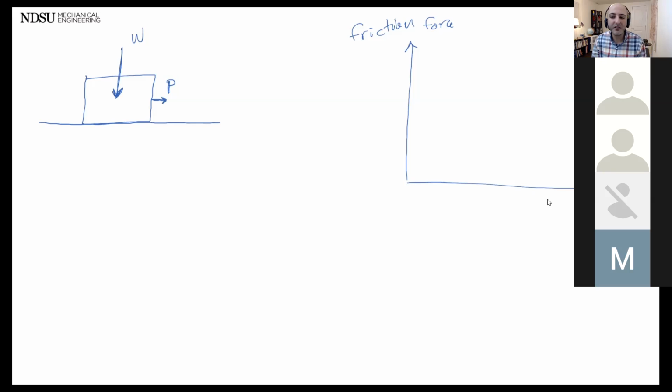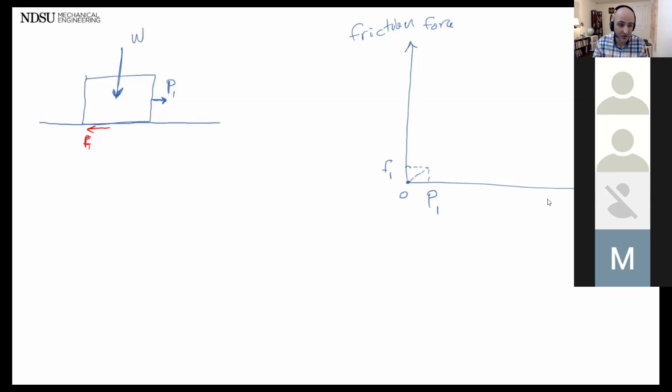But I told you a very small force. So this is my force P1. If I apply a small force P1, it is going to generate friction force F1, which is tangent to the surface. I can't quite show it tangent, so I'm going to show it with a little distance.